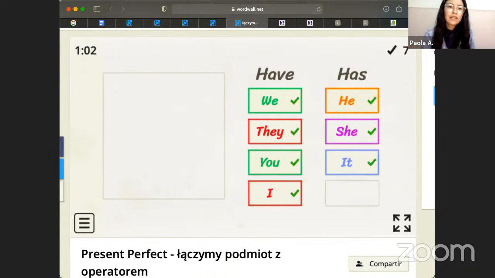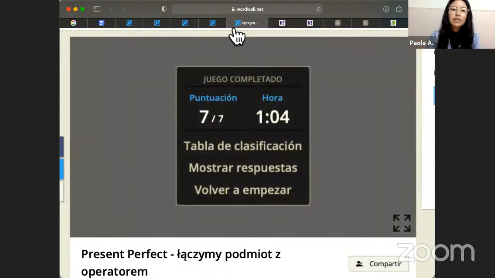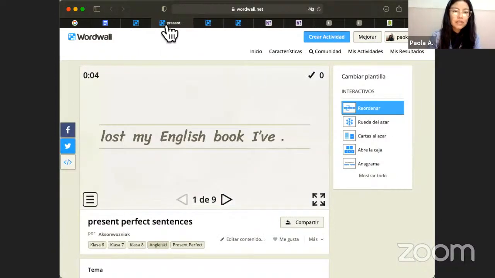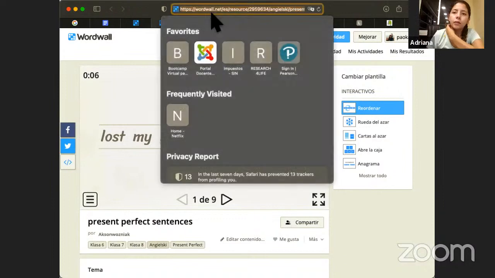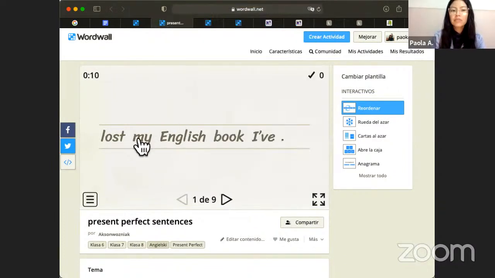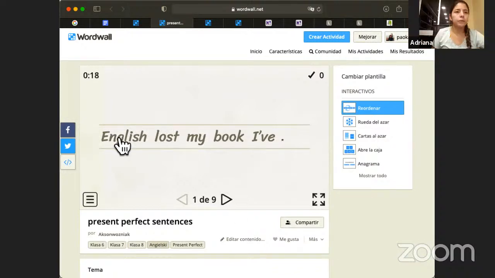So let's practice a little bit, guys. Now I'm going to share some exercises, and if each of you can share your screen it will be great. Let's see affirmative statements. I'll share this link. And this is crumble, right? Remember, we just have to move the words and put the sentence in order, that's all.